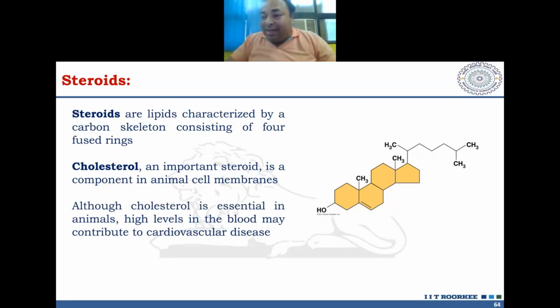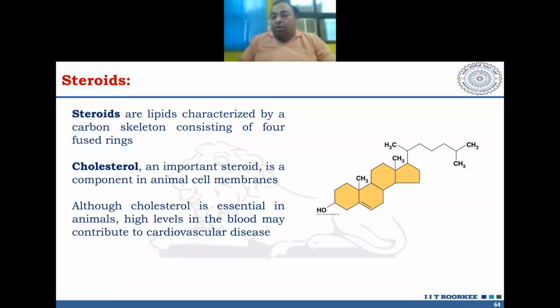So cholesterol is essential. So everybody needs cholesterol, but when there is excessive cholesterol, what happens? Excessive cholesterol, if you see, this is a rigid body, so it again reduces the fluidity, and when the fluidity of the membrane reduces, as you have seen in case of saturated and polyunsaturated fatty acids, it kind of loses its dynamicity, and that leads to heart disease, that leads to stroke and all those things.